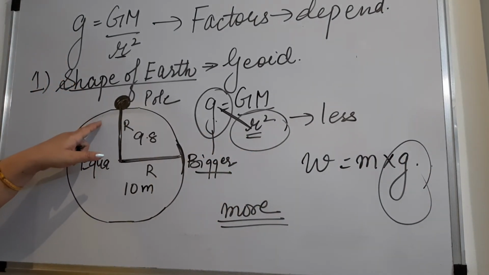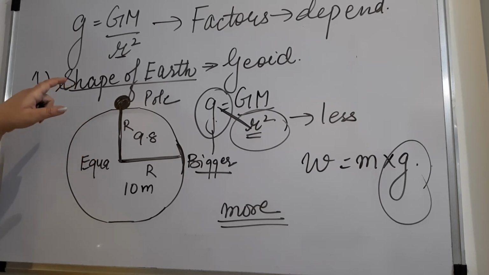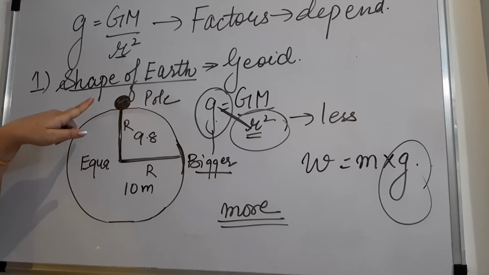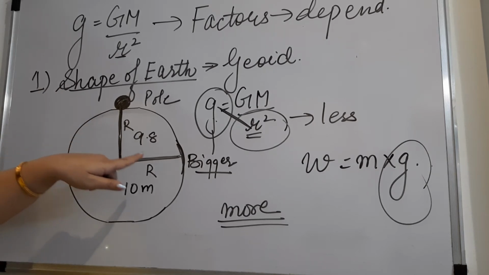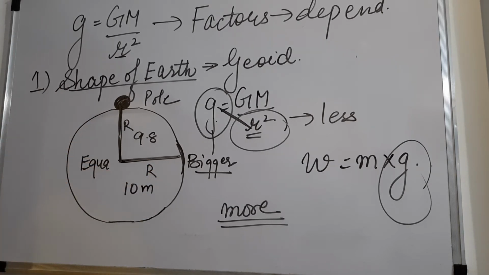So if you have gold with you, it is going to be more in weight at the poles as compared to that at the equator. Though it is going to be fractional, but yes, it is going to be there, because the value of g at the poles is more as compared to that near the equator.